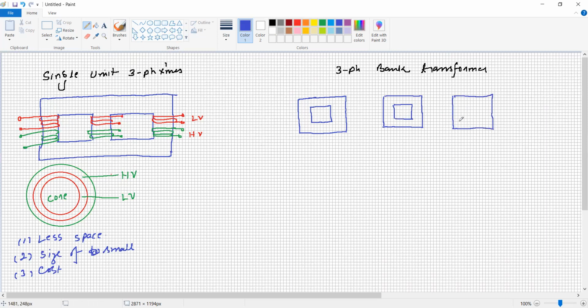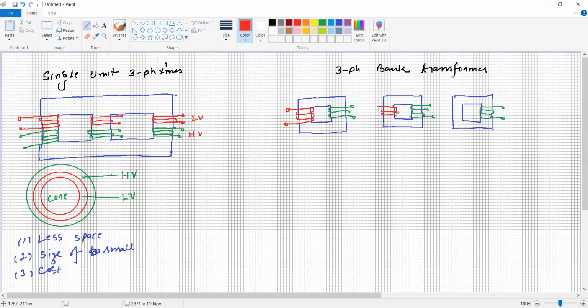Generally it is used for big capacity or higher capacity power transformers, where this is your LV winding as usual, and this is the HV winding. Similarly, this is one HV winding and one LV winding on a separate core construction.